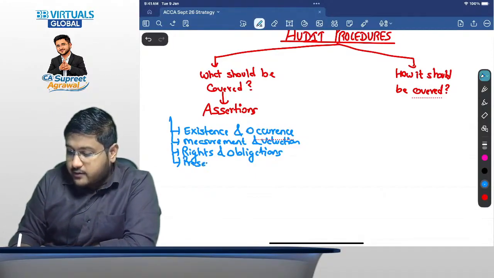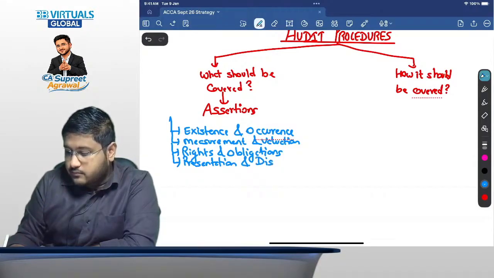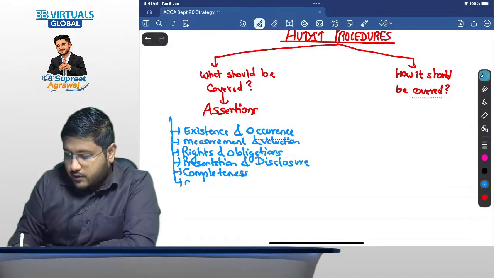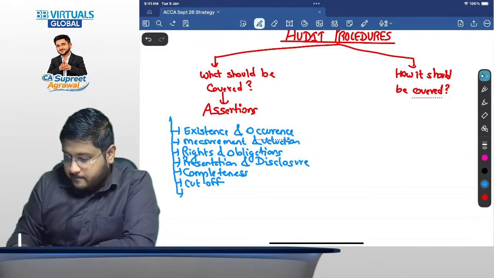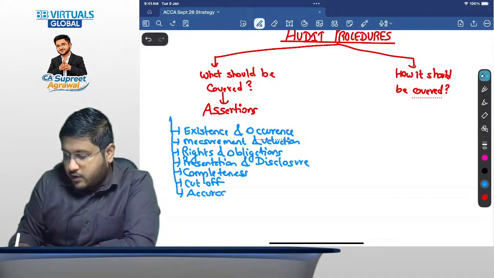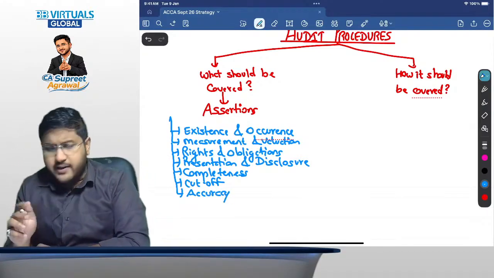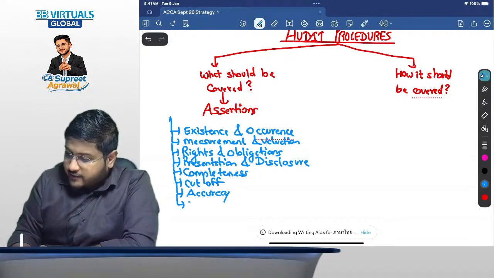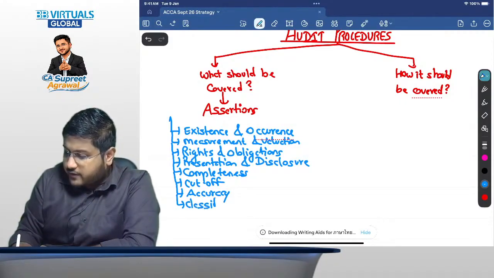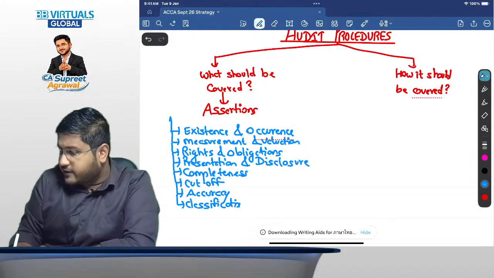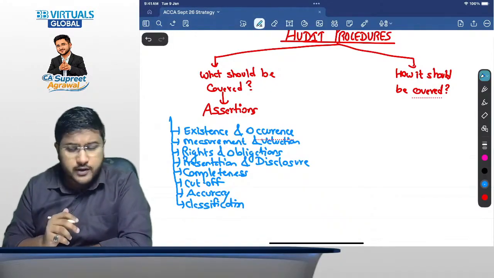Presentation and disclosure. Completeness. Cutoff. Accuracy. All of that are assertions, right? And some students write classification as well. A lot of them forget, but some students are able to write classification as well. All of this is very important.